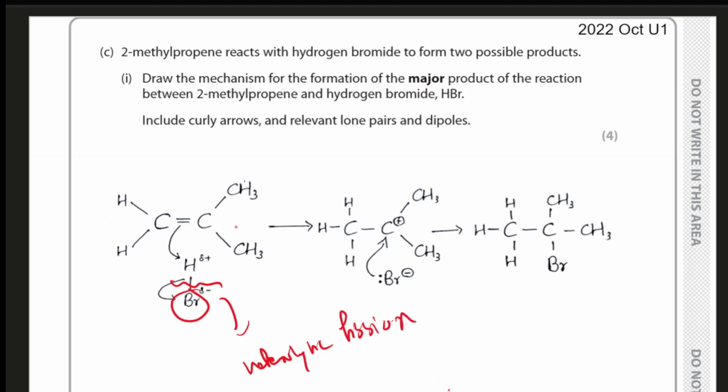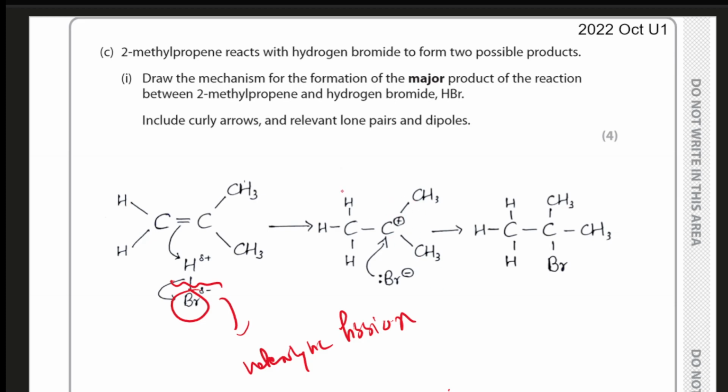So moving on, after the heterolytic fission happens, the partially positively charged hydrogen provokes the double bond to break, and it gets added to one of the carbons. After it gets added, a carbocation is produced.